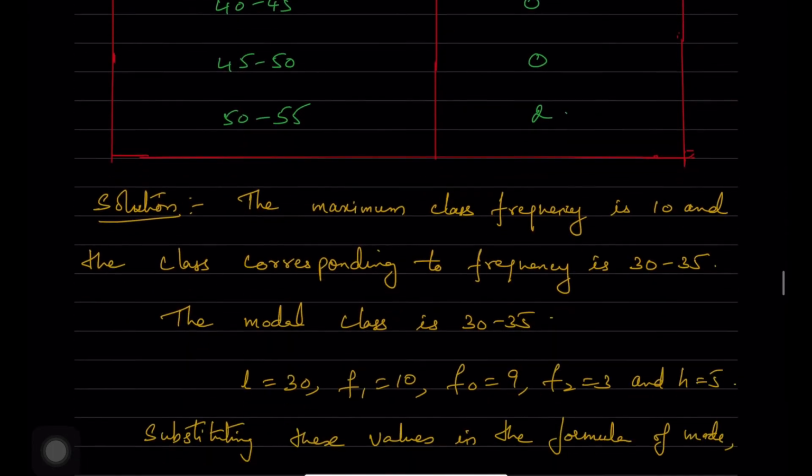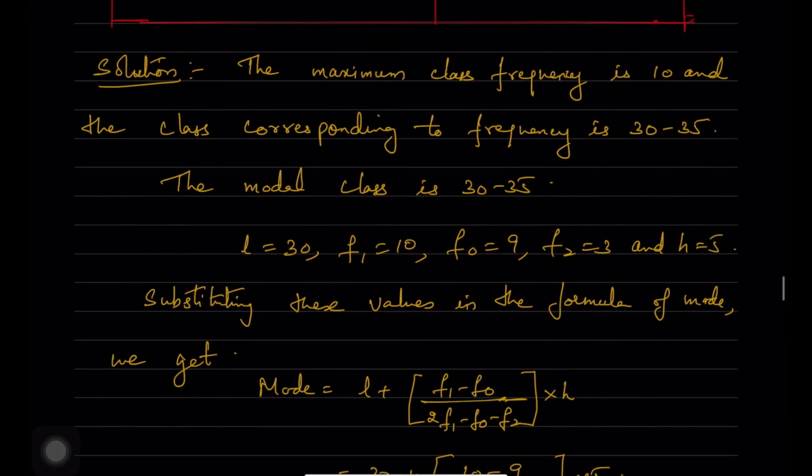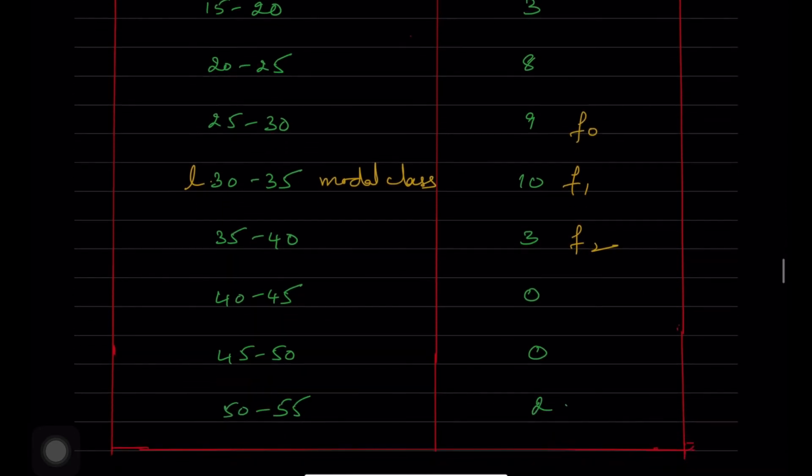Okay, so the maximum class frequency is 10 and the class corresponding to this frequency is 30 to 35. So the maximum frequency is the modal class over here, there are 10 states which have the student-teacher ratio of 30 to 35 students for one teacher.